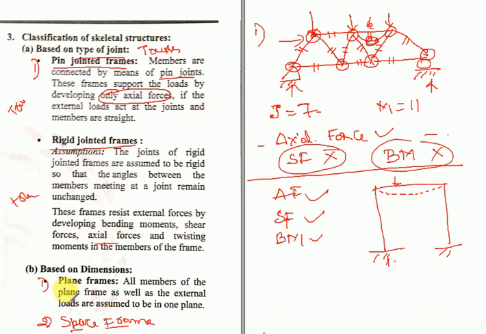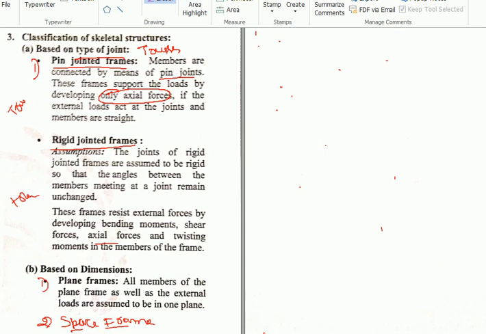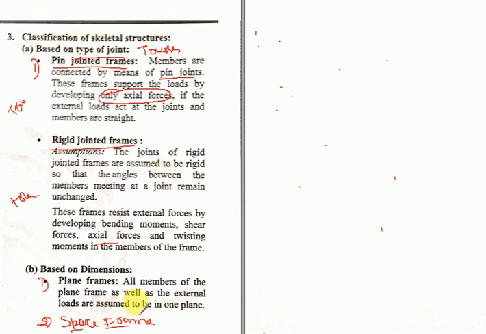Then the second thing, based on the dimensions: plane frames and space frames. Let me just tell you the difference between these two. In case of plane frames, all the members of the plane frame as well as external loads are assumed to be in one plane.